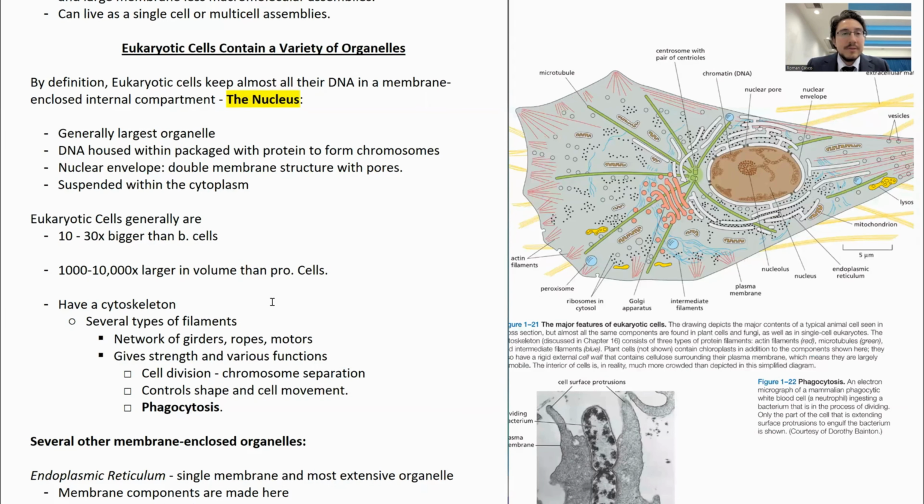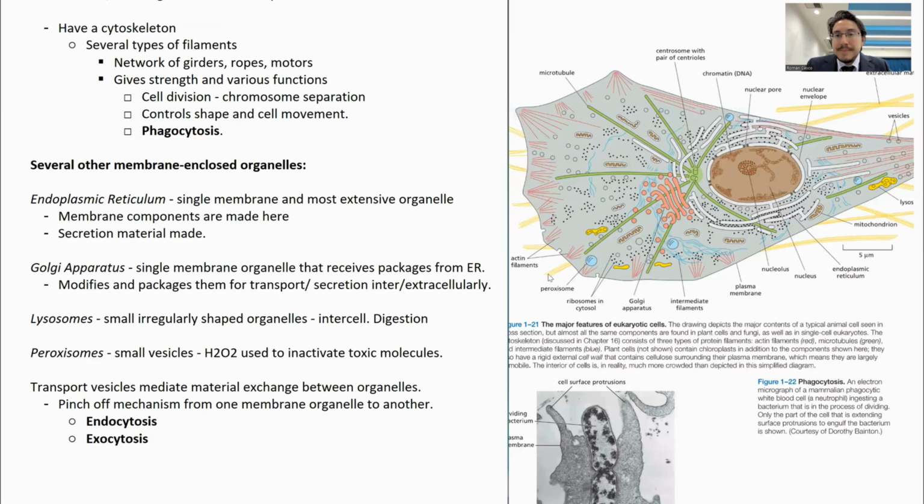As I go along here in the notes, there's many types of cytoskeleton fibers. You have microtubules, you have little actin filaments, right? You have intermediate filaments, and they have a wide variety of functions, right? But they help keep the cell have a certain shape.